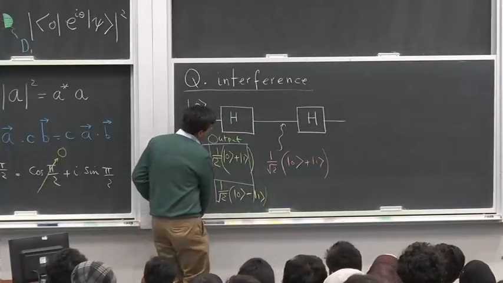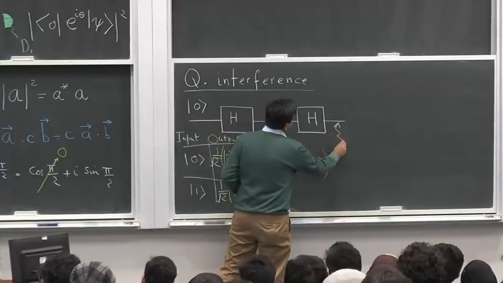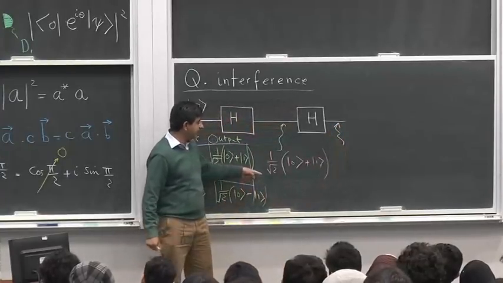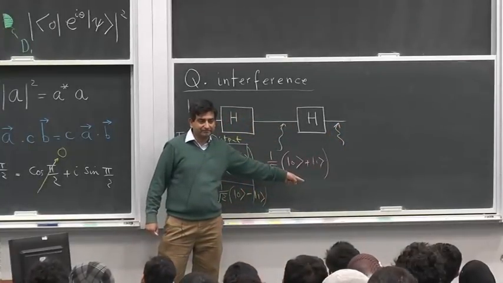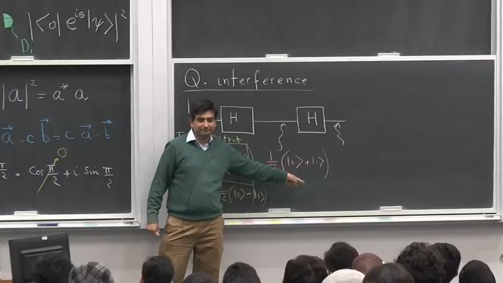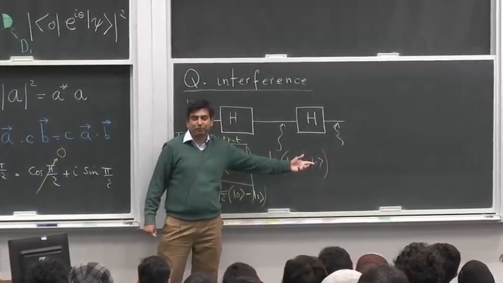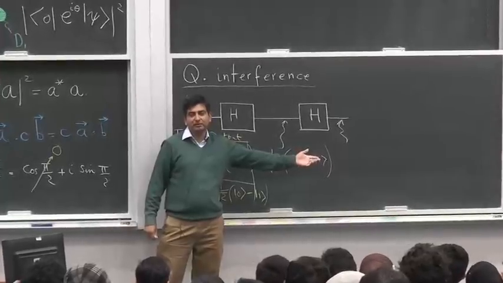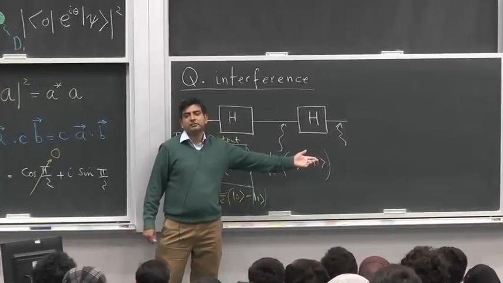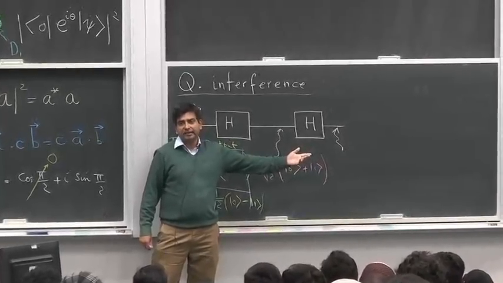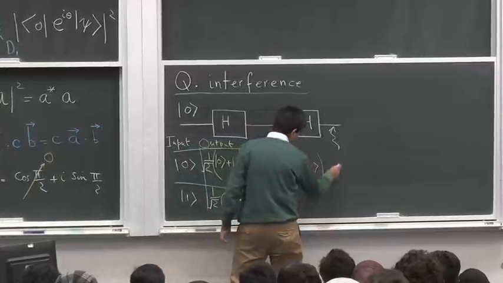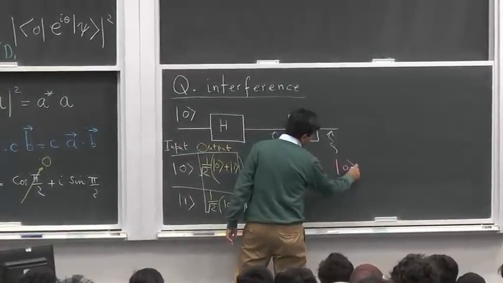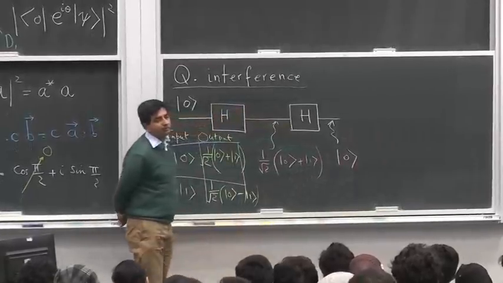And at this particular output, if the Hadamard gate once again acts on this state, I would get a certain output. What would that output be? Speak up. Ket 0. Alright?